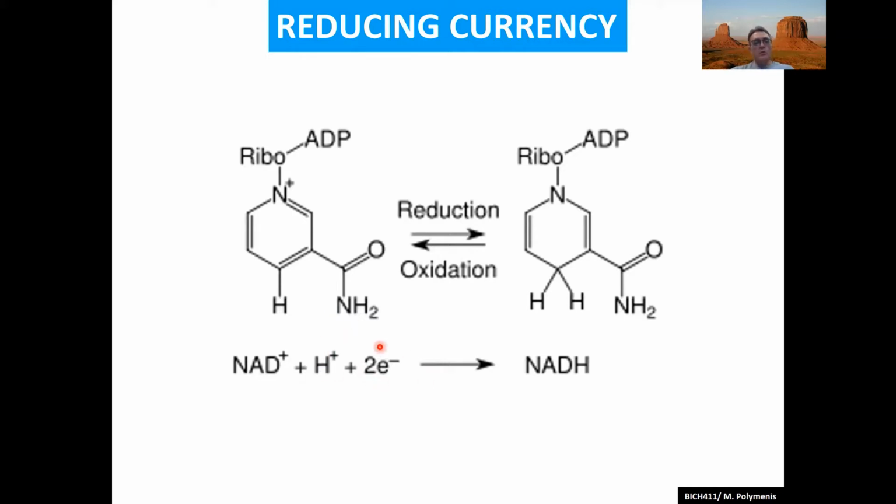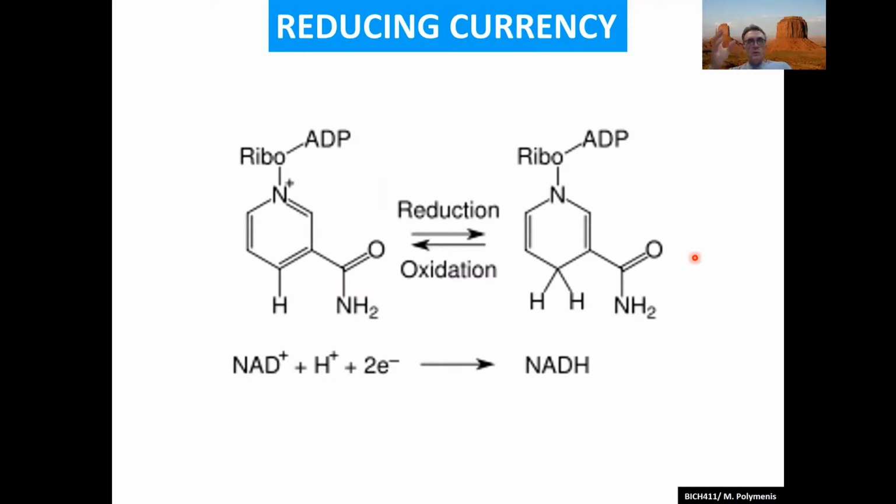The proton with 2 electrons will attack this position, and the bonds will bounce. The electrons on the aromatic ring will bounce first here and then onto the nitrogen. And what you're going to end up having is NADH, the reduced form of NAD. And again, the reaction is exactly the same for NADP.